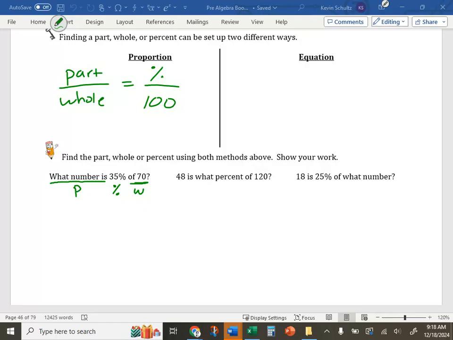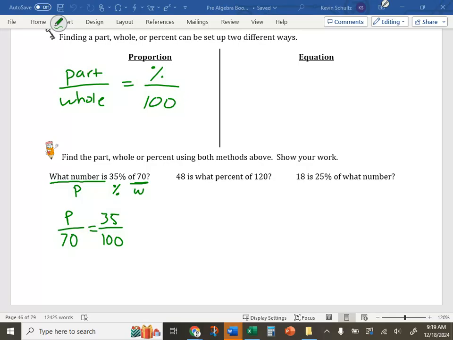Now we can go to our proportion and we can say the part, which we don't know, over the whole, which we do know, 70, equals our percentage, which is 35, over 100, which is always there. Okay? Claire, do you have a question? You're trying to solve that?